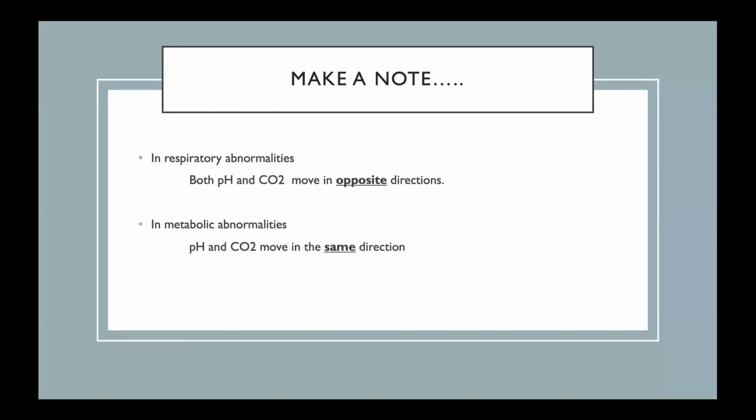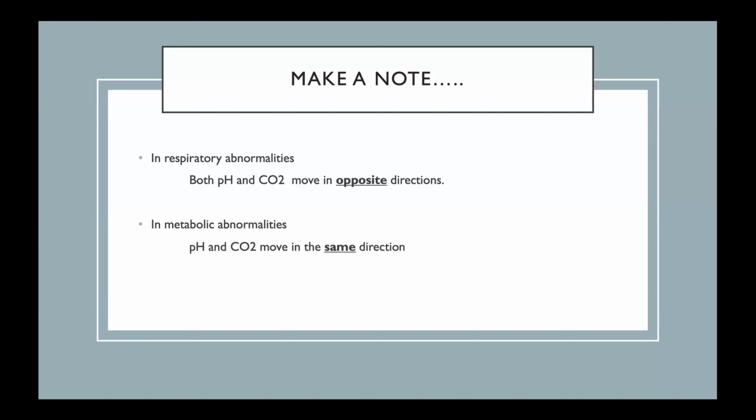As I said, respiratory compensation is quick. In any situation, if you see high pH and high carbon dioxide, the problem is metabolic alkalosis. If you see low pH and low carbon dioxide, once again metabolic acidosis. If pH and CO2 move in opposite directions, that means the problem is respiratory. Whether it's alkalosis or acidosis, it is a respiratory problem.